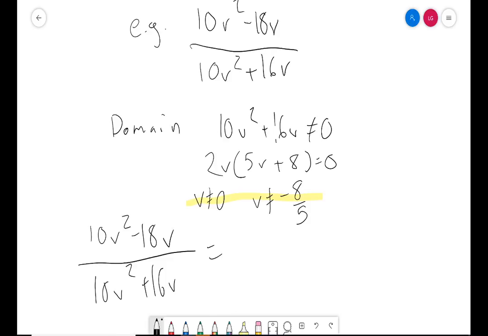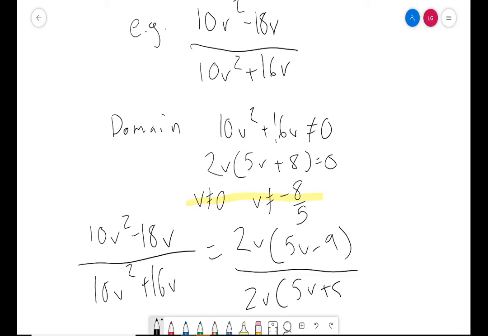First, I want to establish an equal sign after which I've factored. So it looks like 2v can come out of there, and it'll leave 5v minus 9. 2v can come out of here too, leaving 5v plus 8.